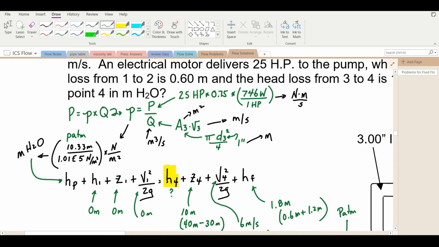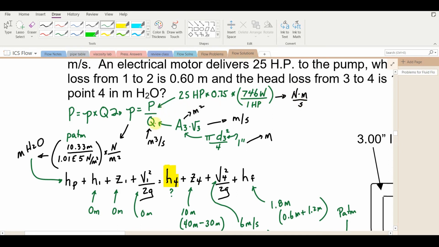That's the rate at which power is being drawn, but the rate at which power is being delivered is only 75% of that. You multiply that times 25 to get horsepower. Convert that to watts because we're working in the SI system, and there's 746 watts per horsepower. You'll get units of newton meters per second for the power delivered by the pump.